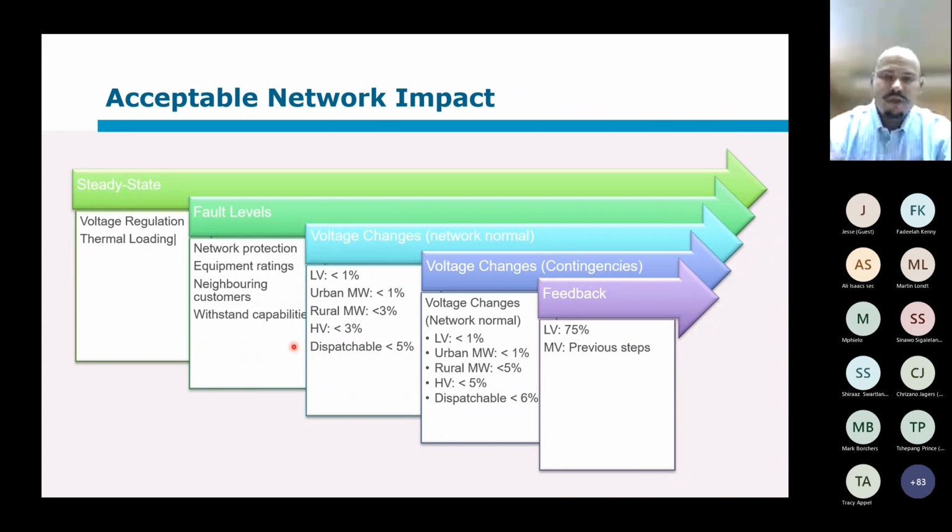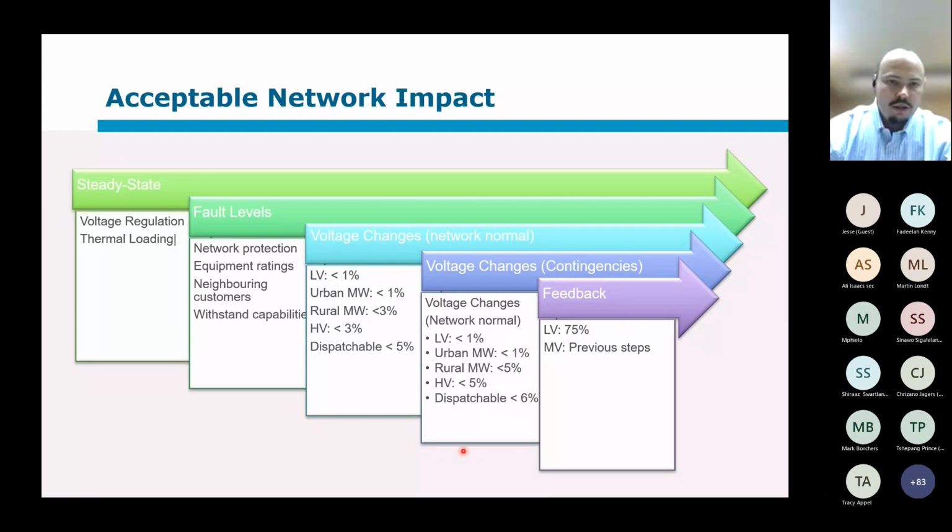And then if it's dispatchable, in other words, there's some form of control over it, you can go to a slightly higher percentage change. This is also in line with international policies, that if the generator starts to affect your network, you at least can ask it to change some of its output or the reactive power easier than for a non-dispatched generator. Then that's for network normal. Under contingencies, that's a little bit more.